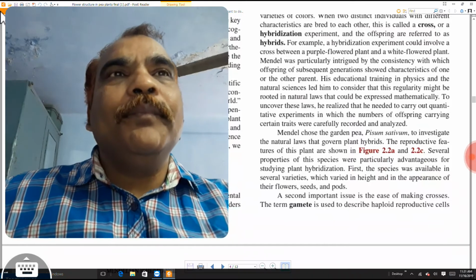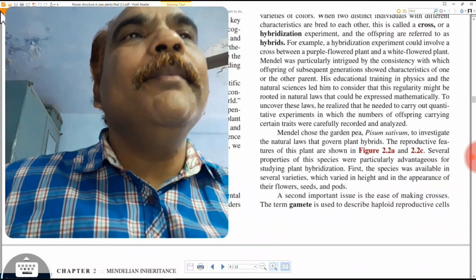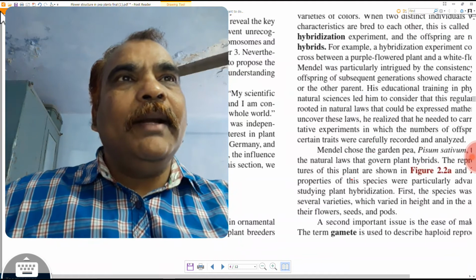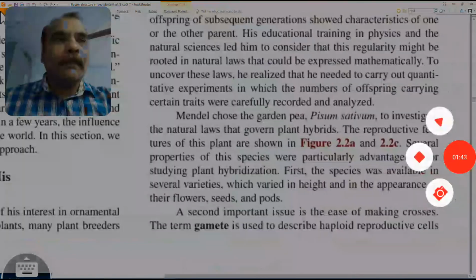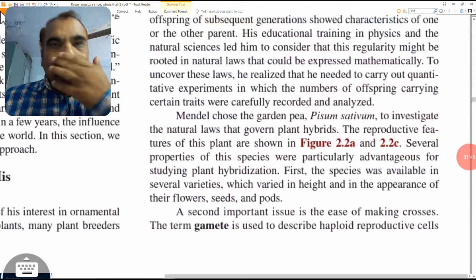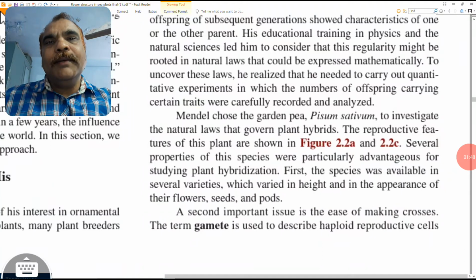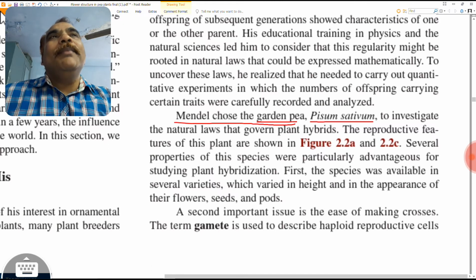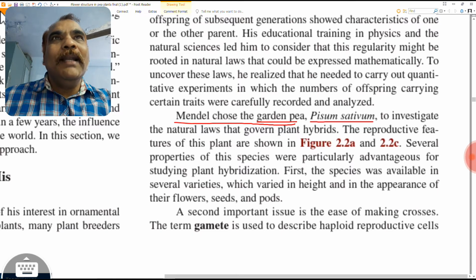For his research, for his studies, Mendel chose the garden pea plant, and the scientific name of the garden pea plant is Pisum sativum. Here, as you can see in this paragraph, it is written that Mendel chose the garden pea plant Pisum sativum to investigate the natural laws that govern plant hybrids.